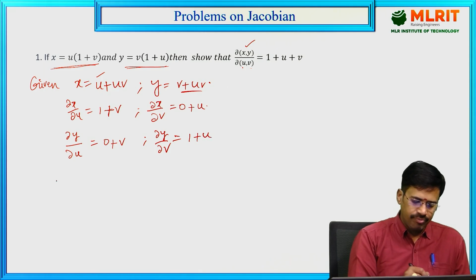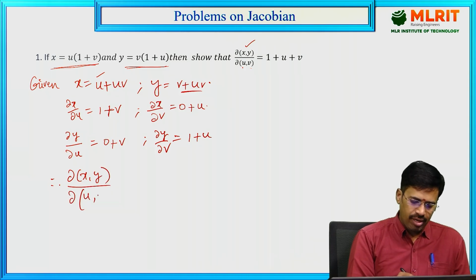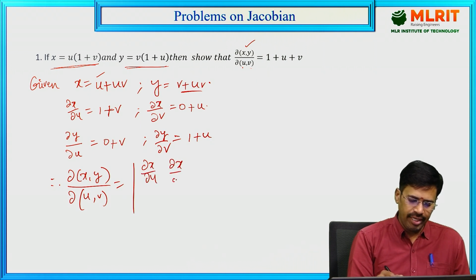Now let us write the Jacobian of x comma y with respect to u comma v, and the definition is dou x by dou u, dou x by dou v, dou y by dou u, and dou y by dou v.